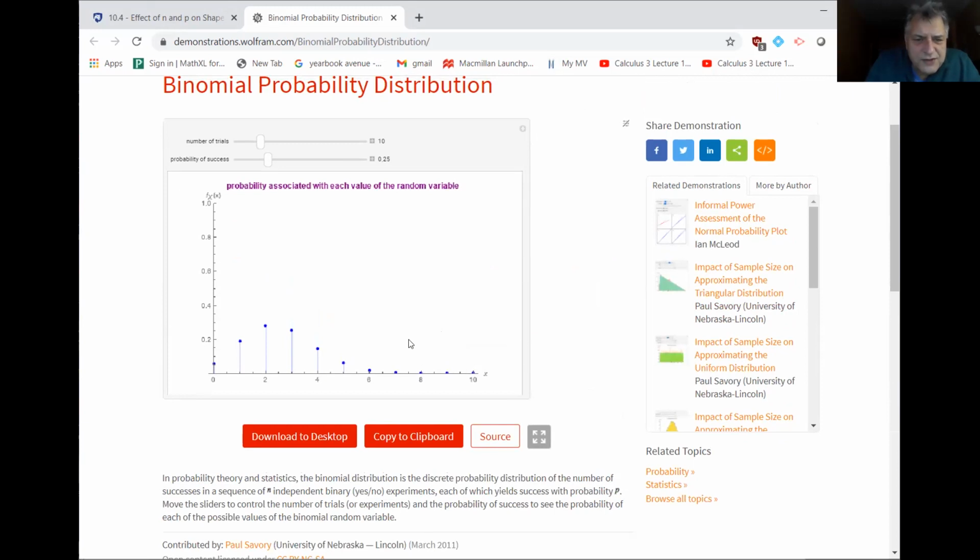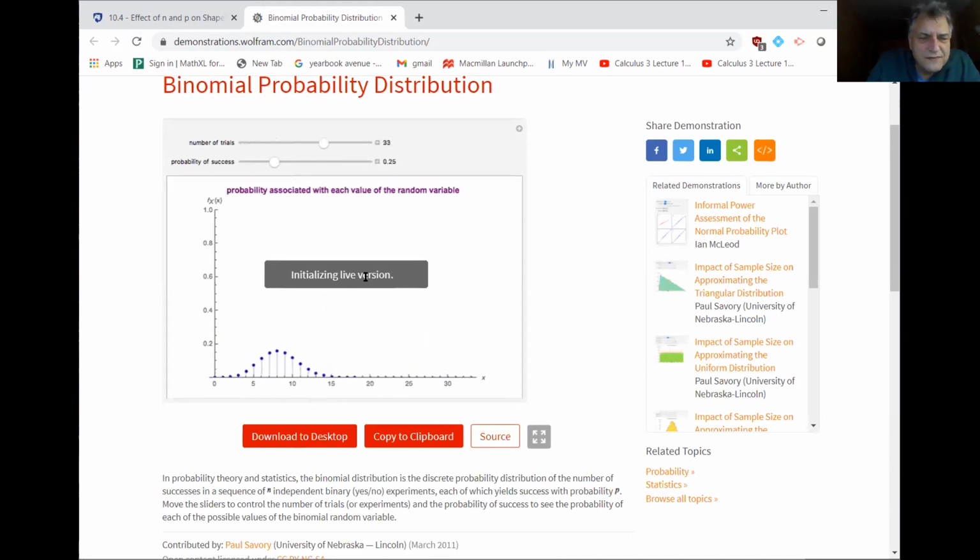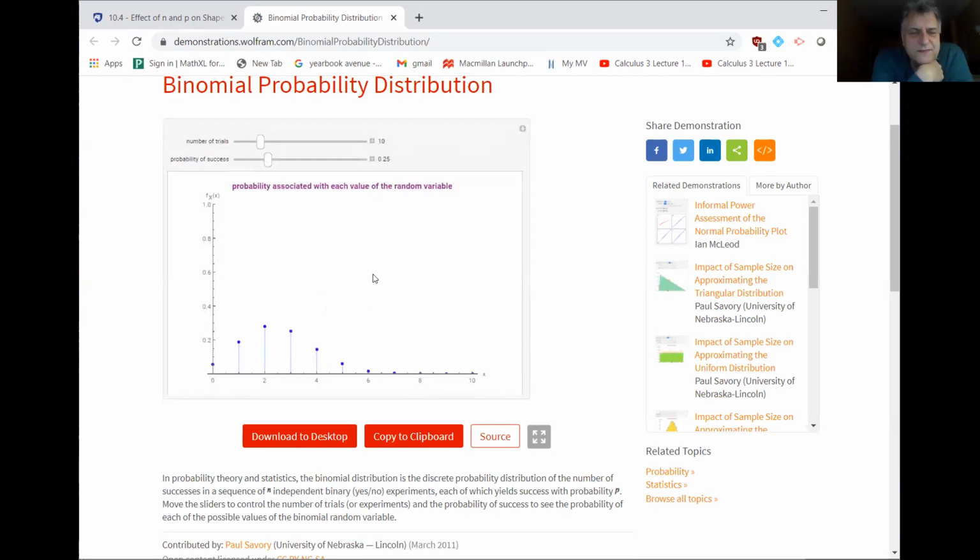It worked a few minutes ago. I don't want to waste my time right now though. Let me refresh it and see if it works. I'm just waiting till this loads up here. All right, now let's see if this works.